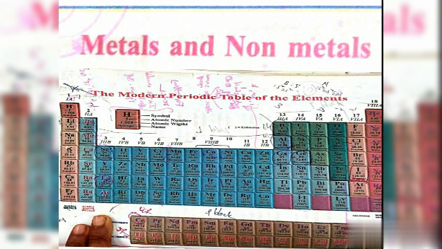In the periodic table, hydrogen atomic number 1 has configuration 1s1. Lithium, atomic number 3, is 1s2 2s1. Sodium, atomic number 11, is 1s2 2s2 2p6 3s1.